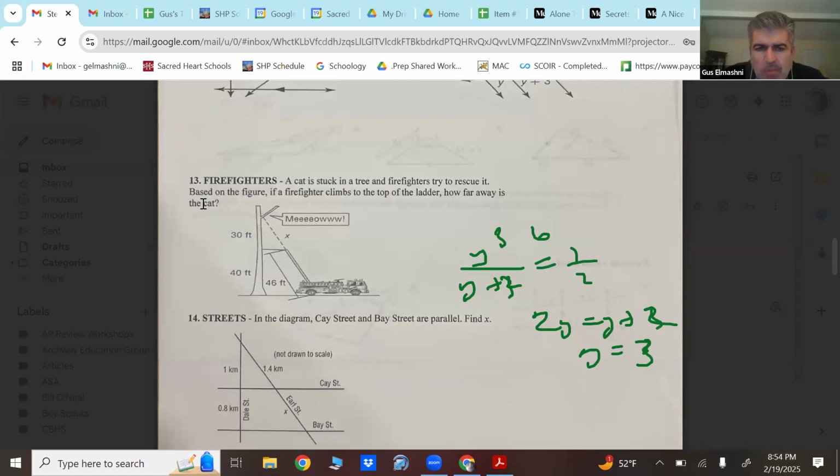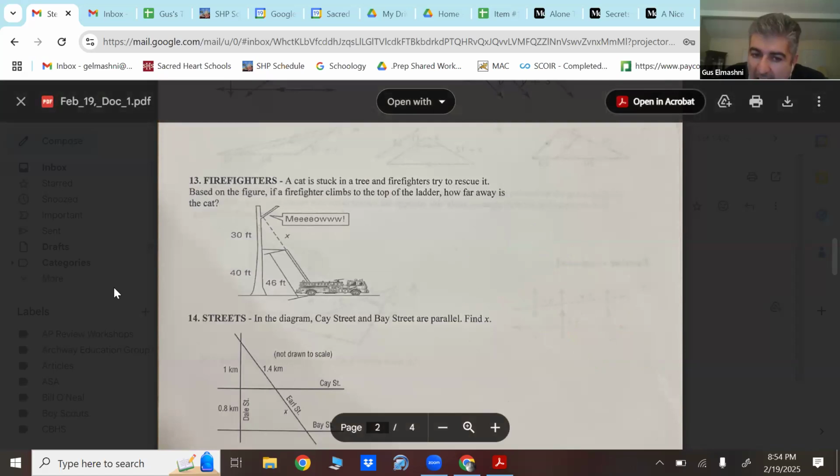Hold on. I understand where that 46. I guess it's kind of a weird diagram, but it's kind of like that.